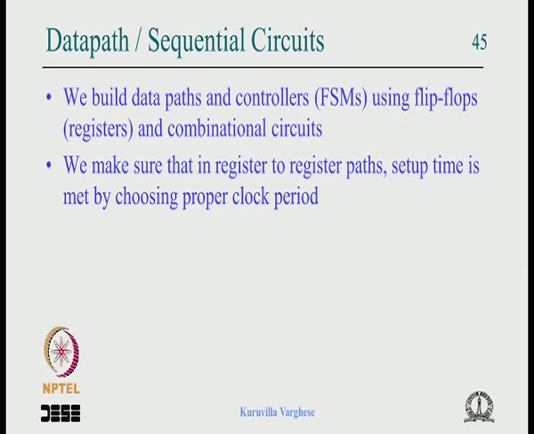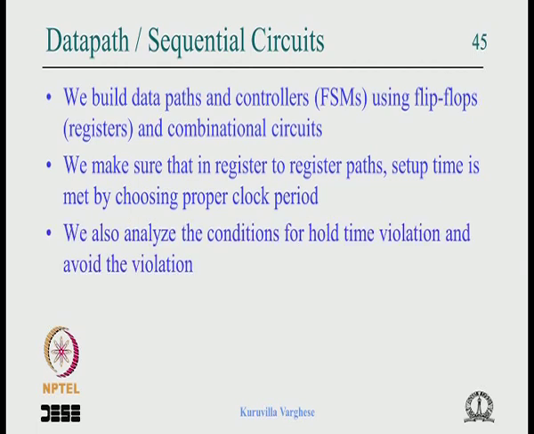That is taken care of in the analysis while simulating, and we make sure that the clock period is not exceeded. Similarly at the destination register we also make sure that hold time is not violated. If it is violated we add extra combinational delay and sort it out.